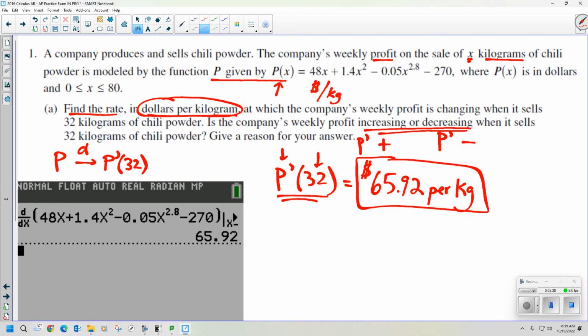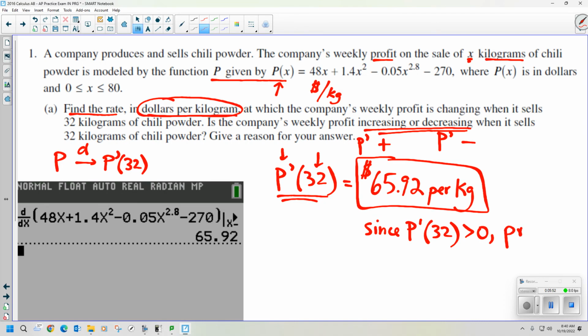Is the profit increasing? And give a reason for your answer if it's increasing or decreasing. So I'm going to say, since P prime of 32 is greater than 0, I could have written, since P prime of 32 is positive, that's fine. I just like doing inequalities.